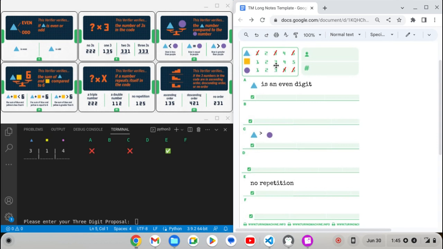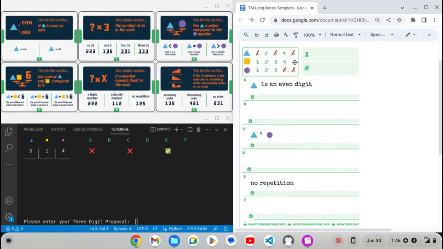And 4, 4, 5. Yeah, it looks like if triangle were 4, there just seems to be too many possibilities.